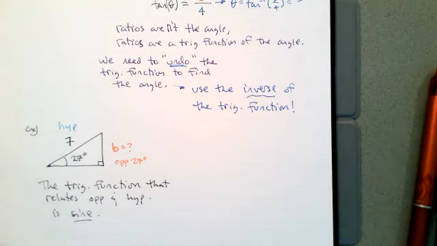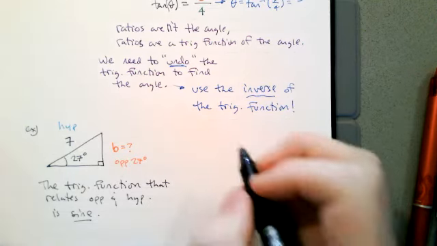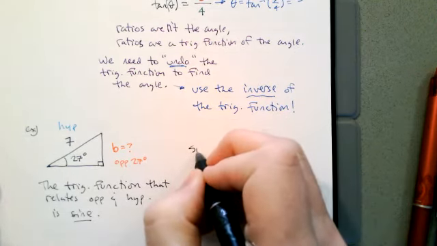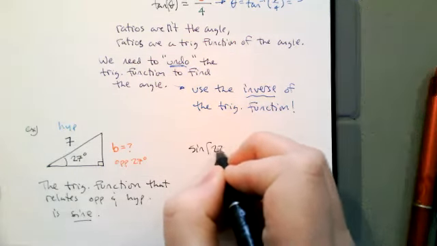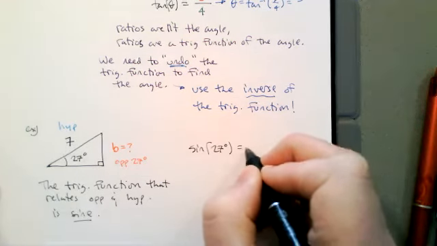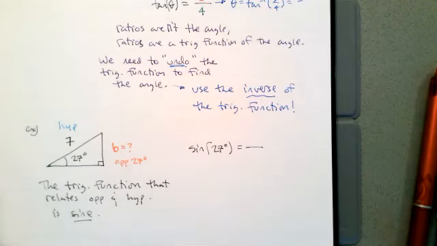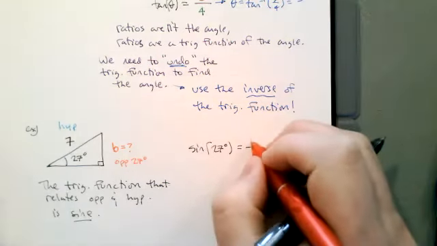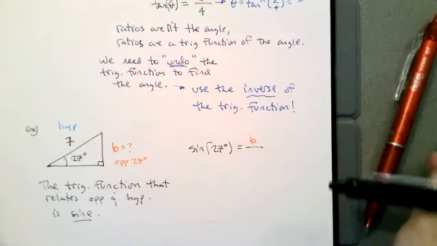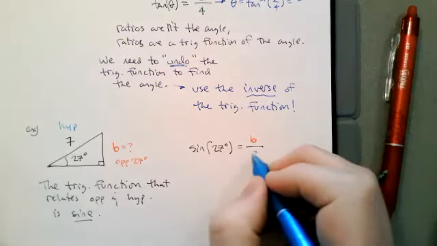So I'm just going to write what I know about the sine of this 27. So the sine of 27 is the ratio of the side opposite the 27, which I called B, to the hypotenuse, which is in this case 7.